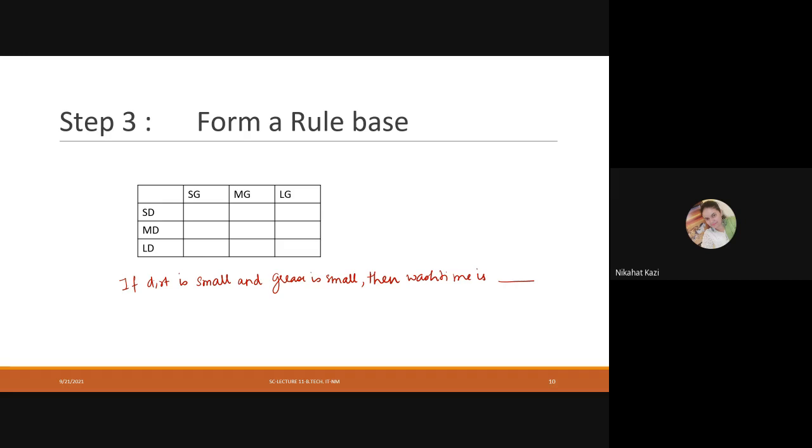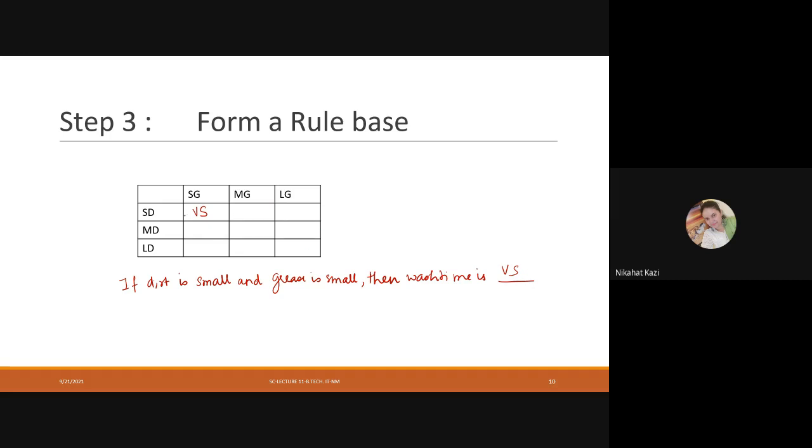So if dirt is small and grease is small, then the wash time should be very short, right? Very less amount of dirt and grease both. So I'll write very short here. I'll write the descriptors of the output variable in these blocks.